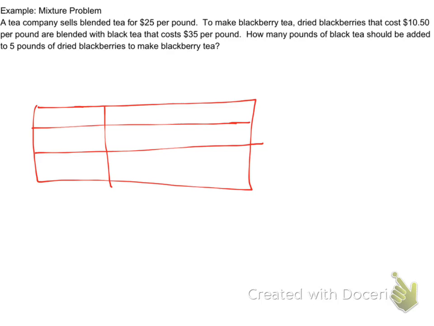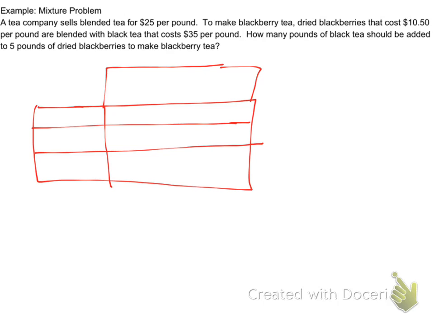This chart looks something like this, where all the way over here, I'm going to put my labels of things that I am putting into the chart. Now, there's a few rules for this chart. The top 2 rows are the ones you're putting together. The last row is always the thing you're making.